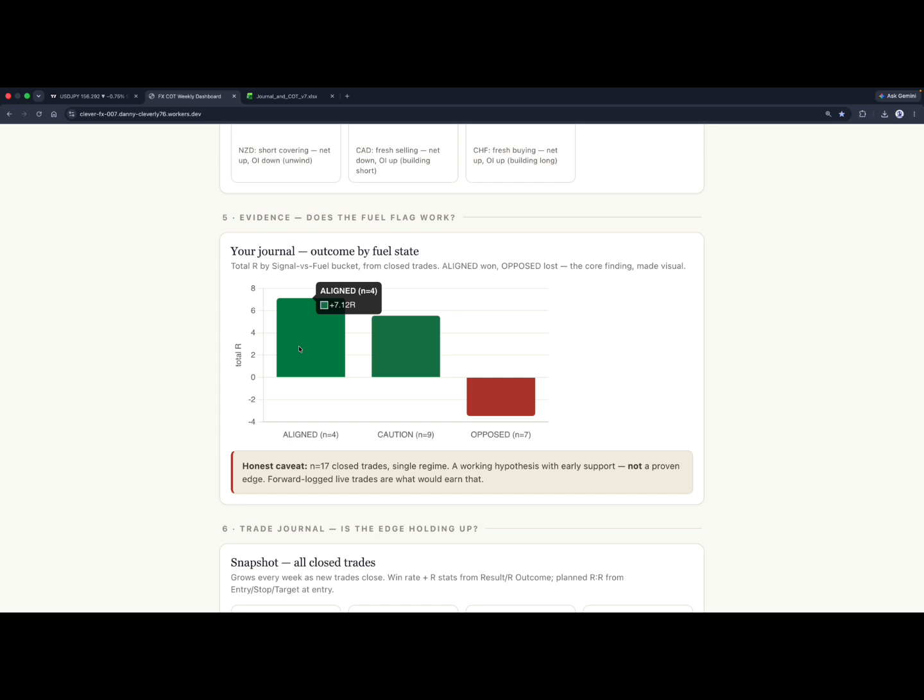Here, 7.12R risk to reward. So definitely. And then as we get to caution, it drops a little bit, and those opposed, definitely the ones that are not working out so well. So we want to take advantage. And this is proven based on my own testing as well. So again, all of this is testable. It's not something that I've just simply made up.